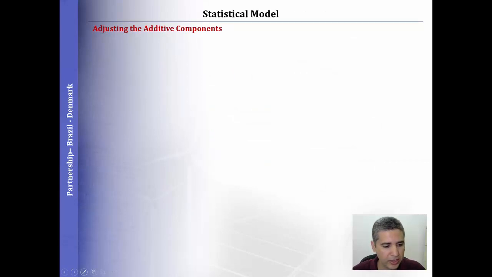So the idea is to adjust the components and obtain 0 when we sum all components, which means that we are with index associated with seasonal components balanced.